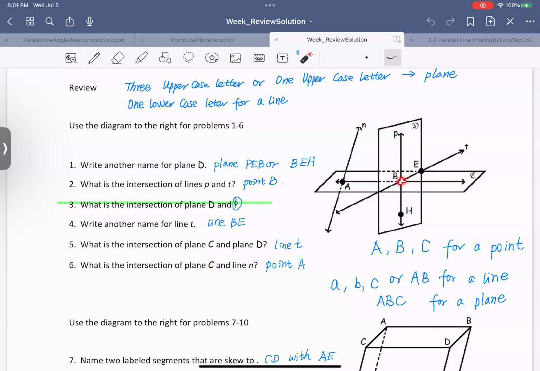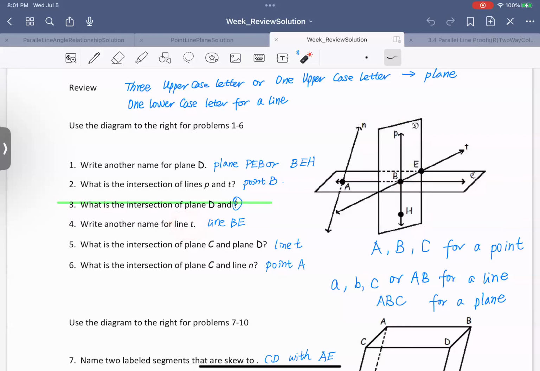It's right here. Look, you can use a lowercase letter to represent the line. At the same time, you can use two capital letters to represent the same line. You can also use three capital letters to represent a plane. It's all fine.